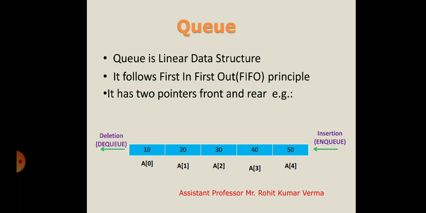So remember that whenever we have to add an item to the queue, we use the NQ operation. Second thing, dear students, whenever we have to remove an item from the queue, we use the DQ operation.